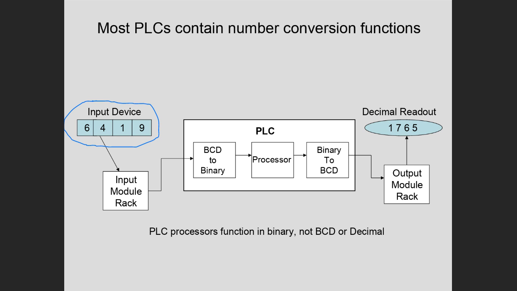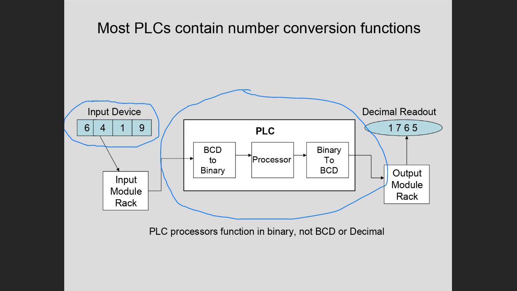You can spin these, and maybe you got 6, 4, 1, 9, and you want to enter that into the PLC input module. Well, this would go into the input module as BCD, binary coded decimal. And then inside the PLC, this whole picture right here, this is all virtual stuff. This is what's happening inside the PLC.